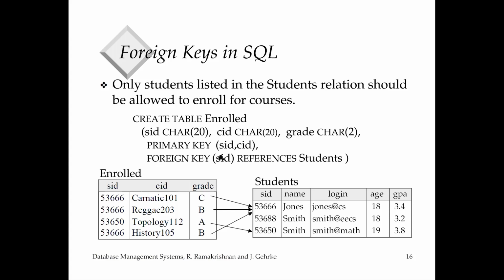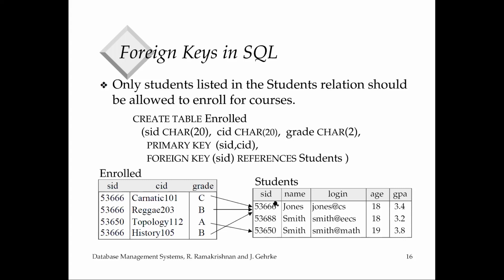And then we have to say that the student ID is actually a foreign key, referencing the students table. Once you change your creation statement like this, you have in effect enforced the fact that any student ID that shows up in this enroll table must actually have come from the students table.